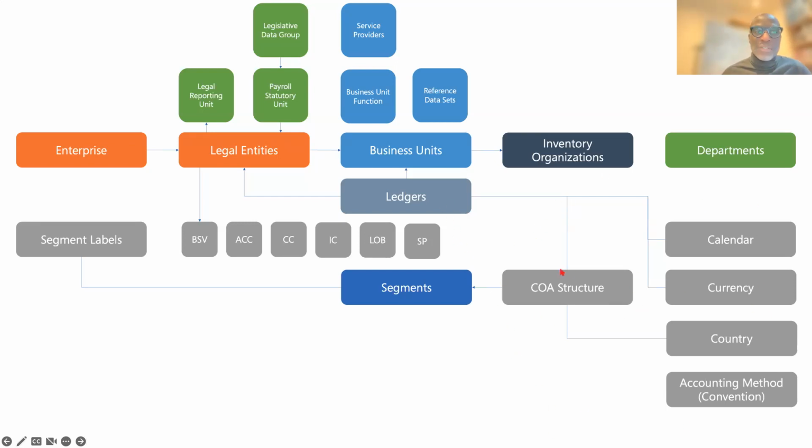Now, your chart of account structure will have segments. So a segment will identify one of the components of your chart of accounts. And when this is combined together with all the other segments, it creates what is called an accounting combination.